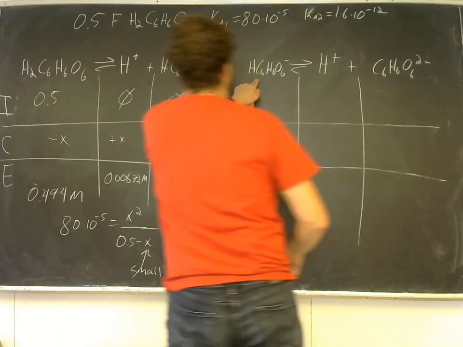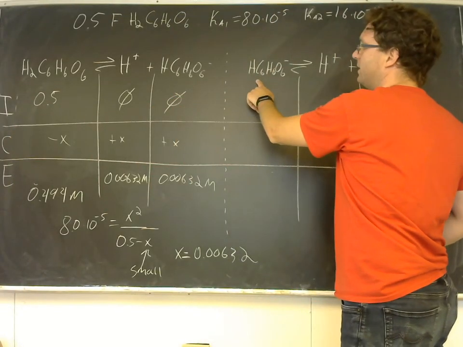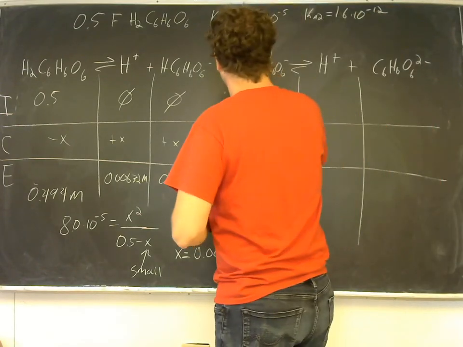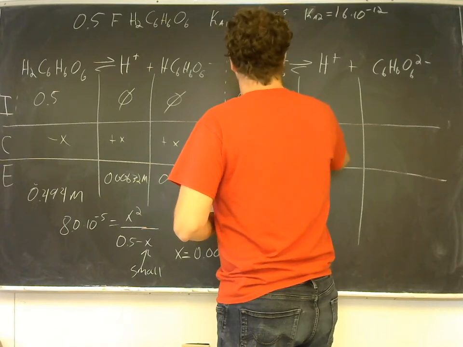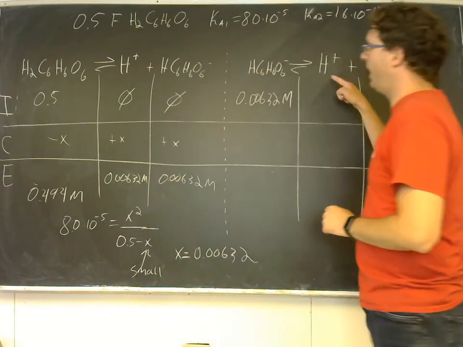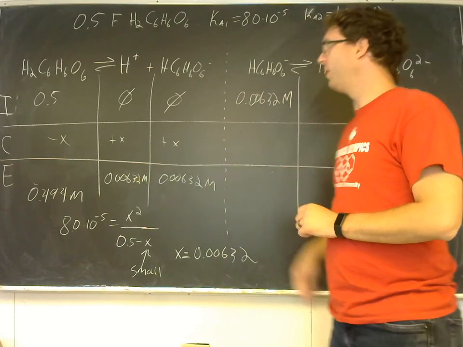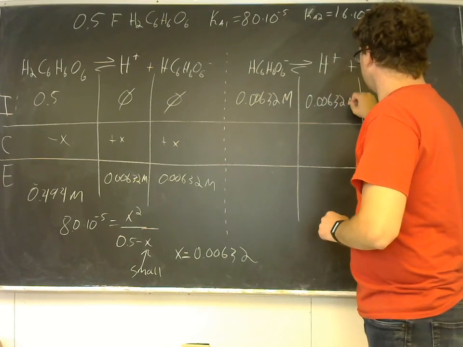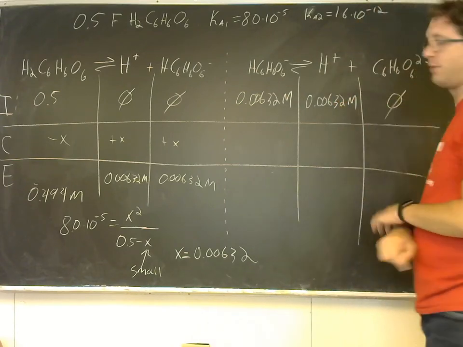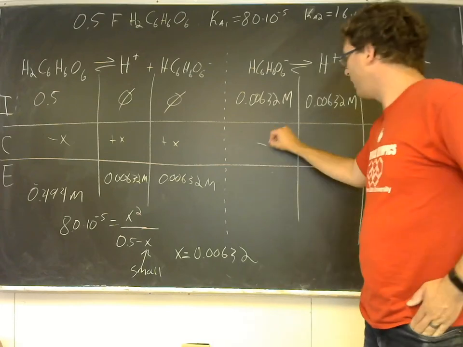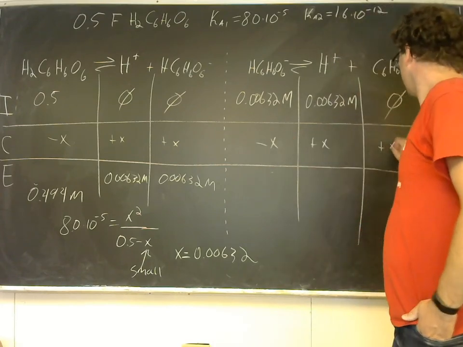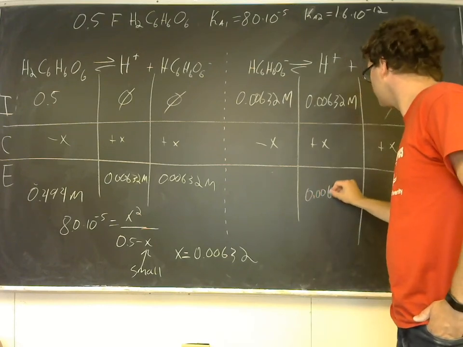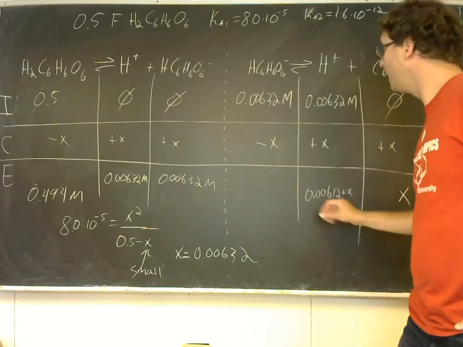Now this HC6H6O6 minus, we already have a concentration for that, 0.00632 molar. And H plus we will also borrow from this ice table right here, 0.00632 molar. And we'll have 0 of that. And so we have minus x, plus x, plus x. And here we have x. Here we have 0.00632 plus x.